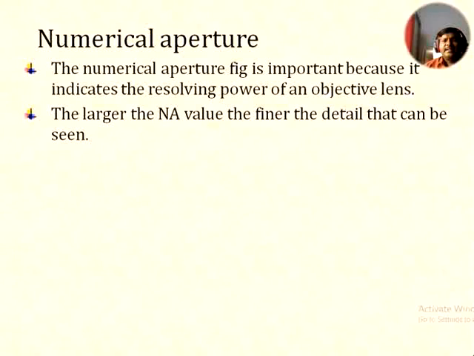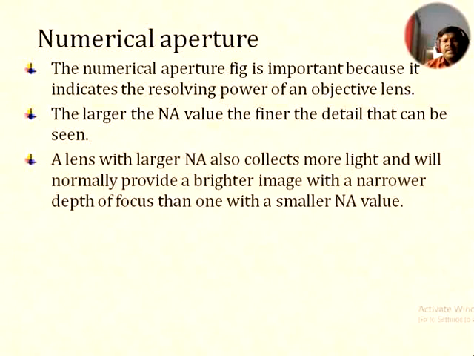A lens with larger numerical aperture also collects more light and will normally provide a brighter image with a narrower depth of focus than one with smaller numerical aperture value. So numerical aperture is equal to n into sin theta. The formula for numerical aperture is n into sin theta.